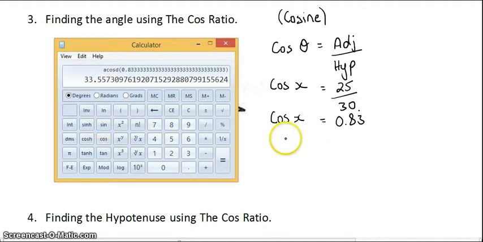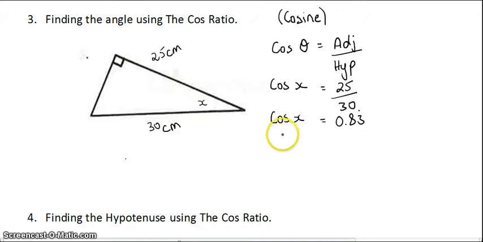So we must write that working in. That we're finding the inverse of cos, and we see that we get x equals the inverse of cos 0.83.